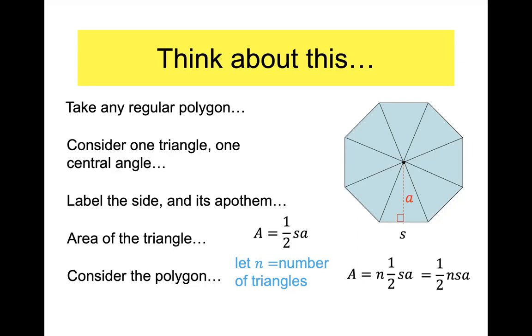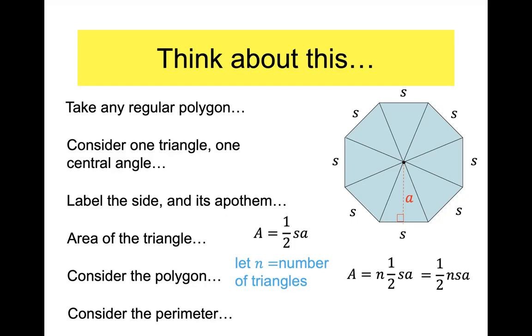Now what I'm going to ask you to do is consider the following. If we think about the perimeter of any polygon, especially a regular polygon, it would be the length of one of the sides times how many sides there are. And I just let n represent how many sides there were. So the perimeter would be take all those S's and add them up. Well, there's 8 of them.